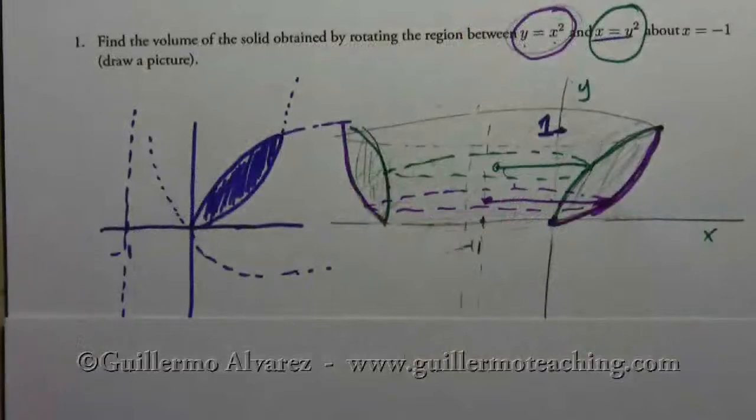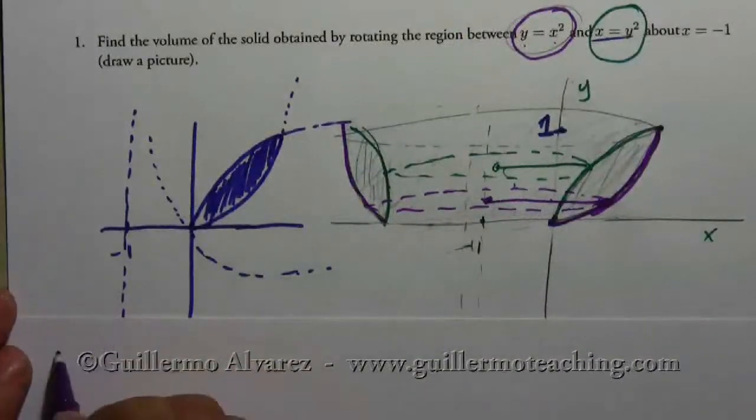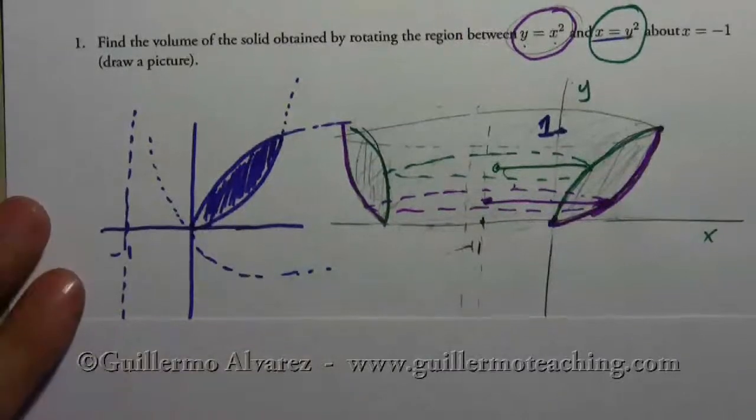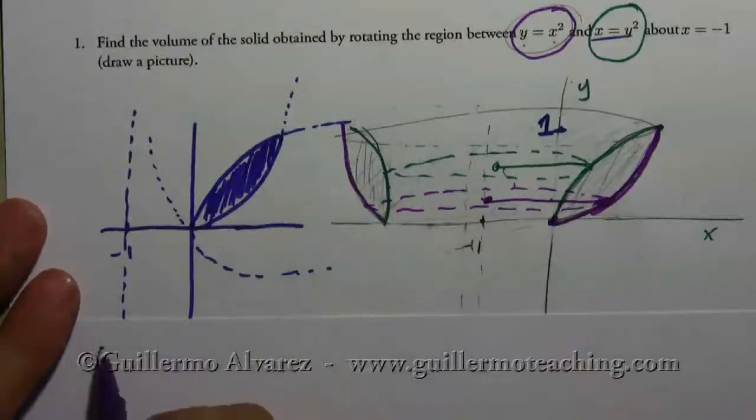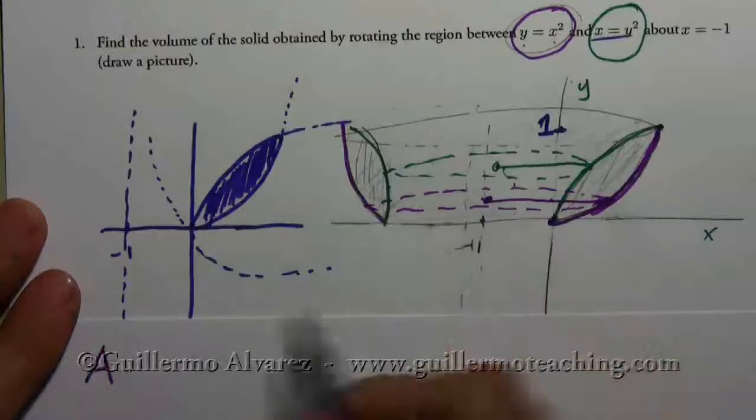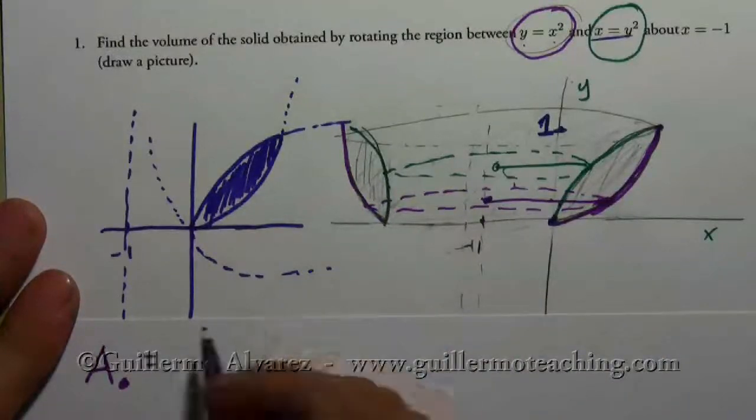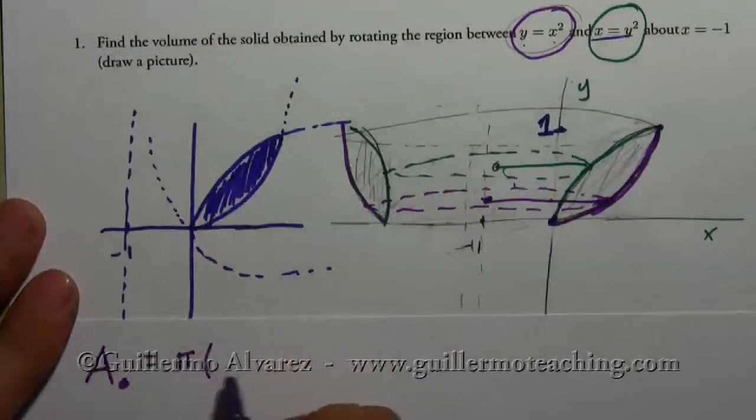Okay, so now to find the equations, let's do the purple one first. The area of the purple cross section is going to be pi times the radius squared.